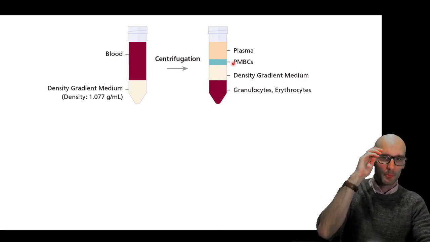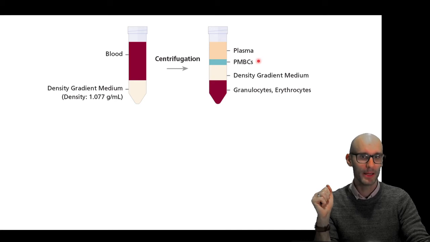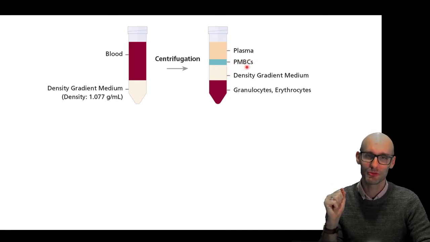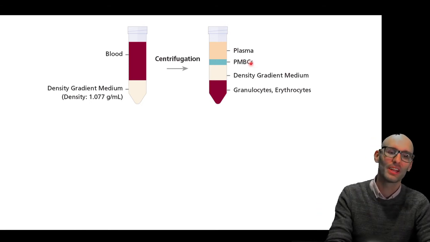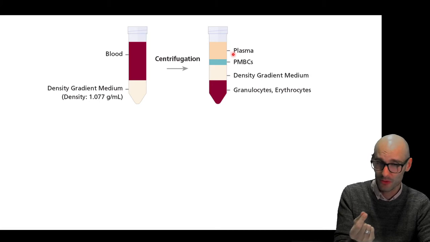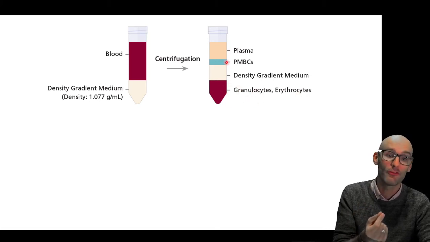The peripheral mononuclear blood cells here, I always call them PBMCs, but these are called PMBCs on this Google image. But anyways, peripheral blood mononuclear cells, these are the lymphocytes and the monocytes. They float. They don't have granules, so they're less dense than granulocytes and erythrocytes, so they float in the suspension.